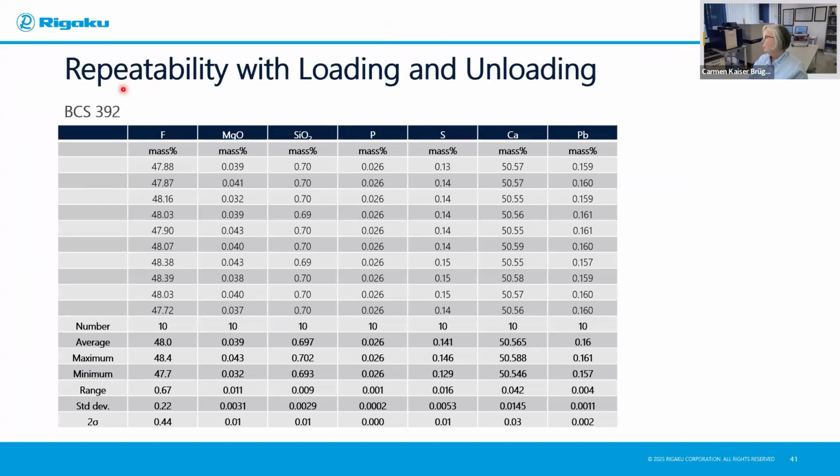If we try to measure this certified standard by showing you repeatability with loading and unloading, you can immediately see what kind of standard deviation for repeatability we can get for the major, minor and trace elements that are present here. As you know, XRF is a very stable method, and we are very easily able to achieve these very good standard deviations for repeatability.